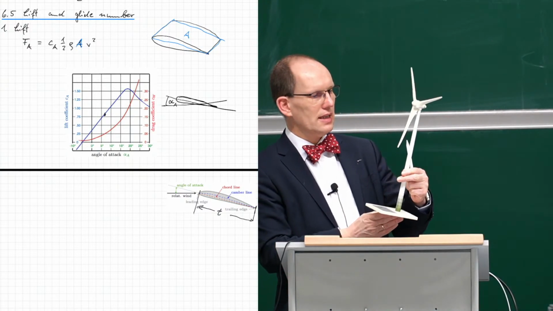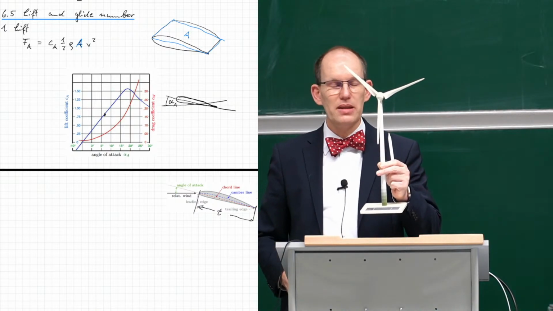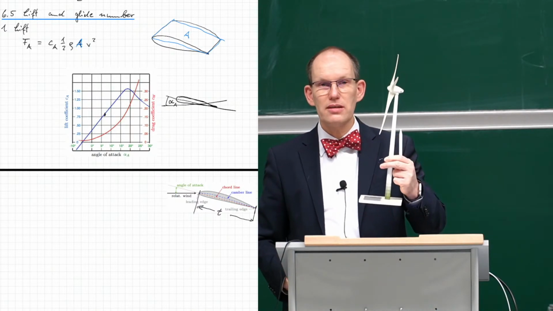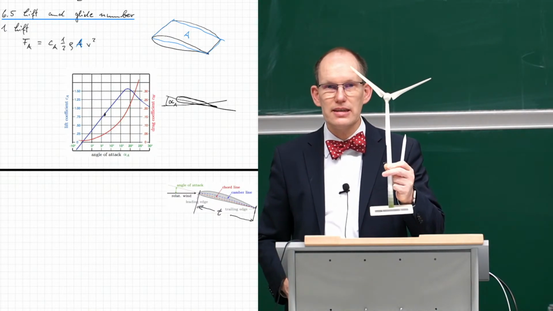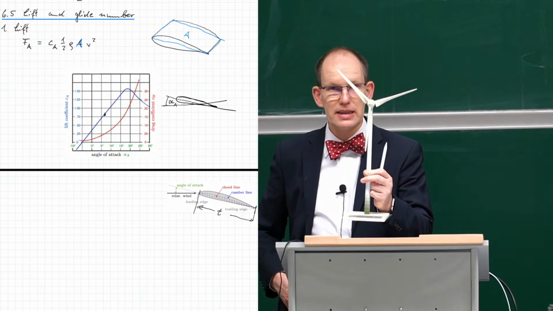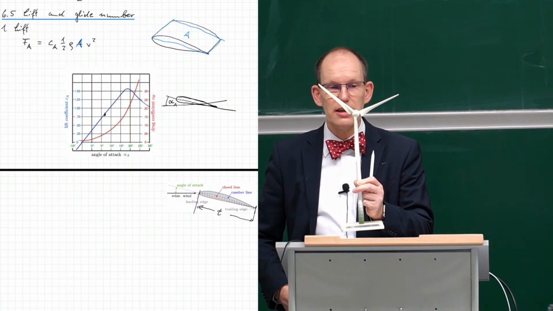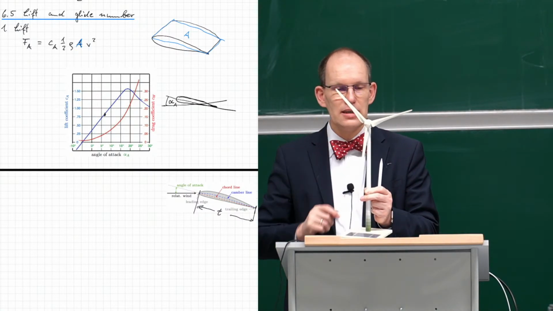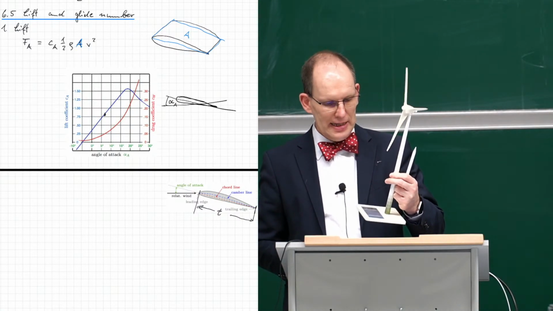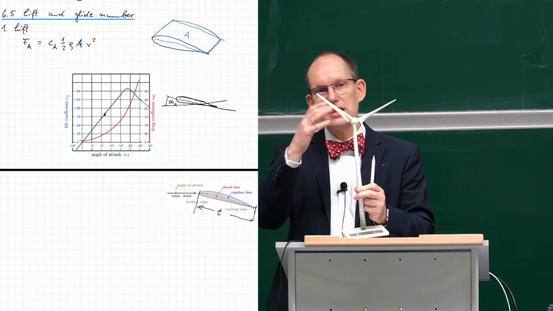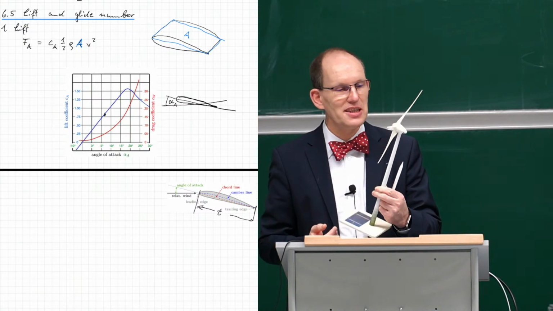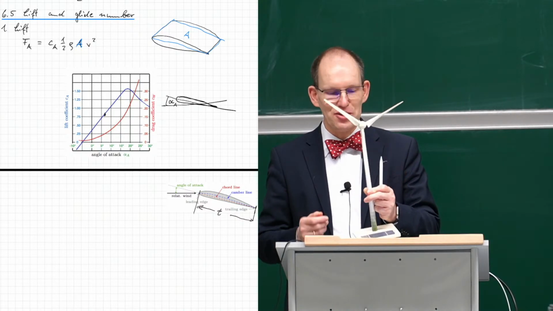By the way, this model supports the conspiracy theories that some people have about windmills. Some people claim that there is actually not a generator but a motor here in the nacelle that would just run it for the show.